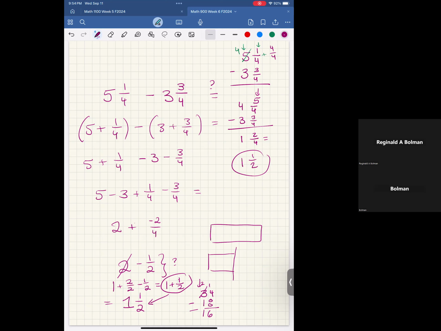Let's do 7 and 1/3 minus 4 and 2/3. Okay. Just as before, if we column-wise subtract, we're going to have 7 and 1/3 minus 4 and 2/3.